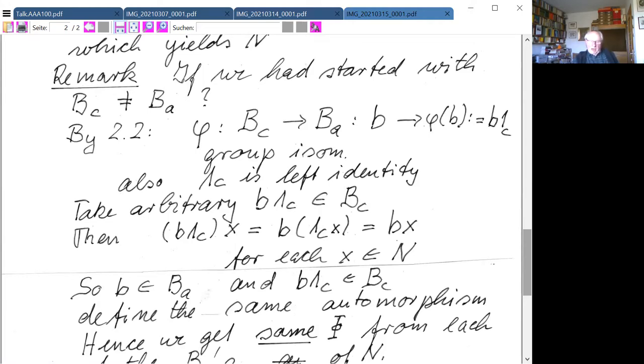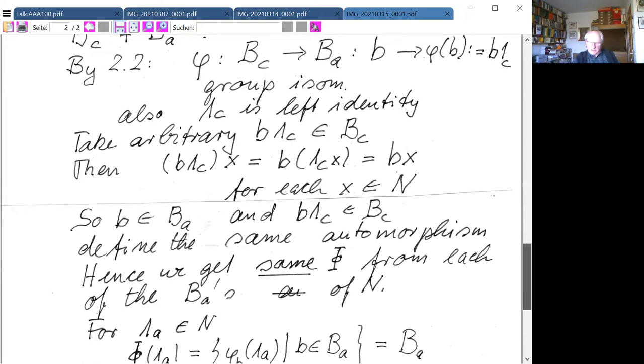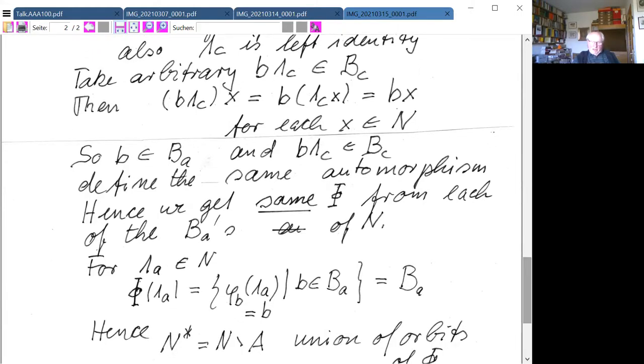So if we take an arbitrary B1 sub C in BC, then B1 sub C times X equals Bx for each X in N. So B in BA and B1 sub C, BA define the same automorphism, and we get the same group, capital B, from each of the BAs of N.